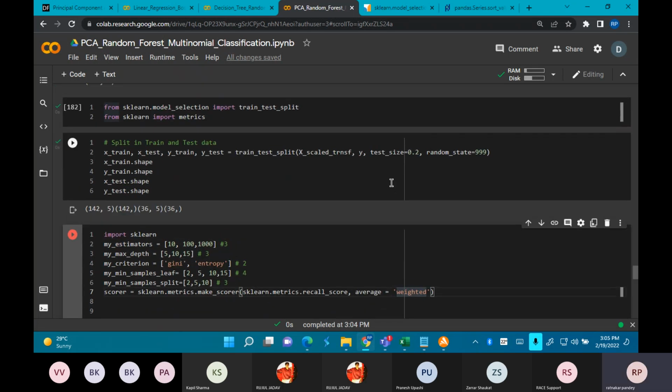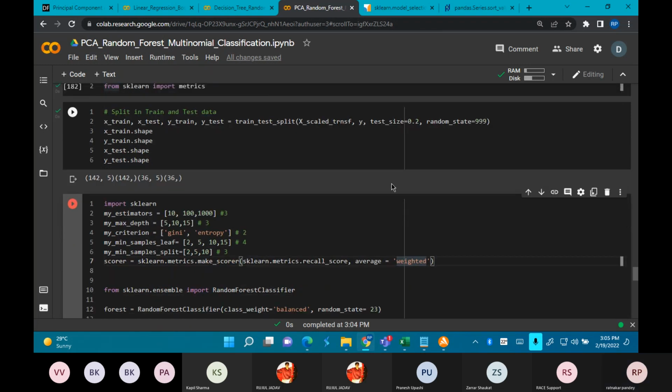Scale transform, 5, 5. Correct. That's correct.